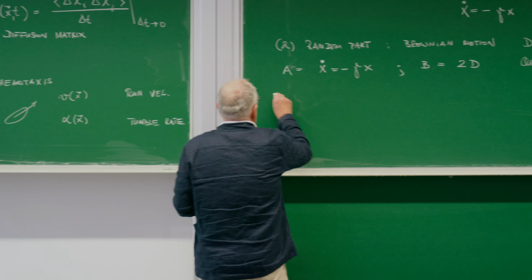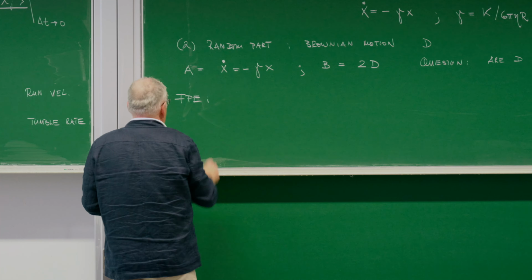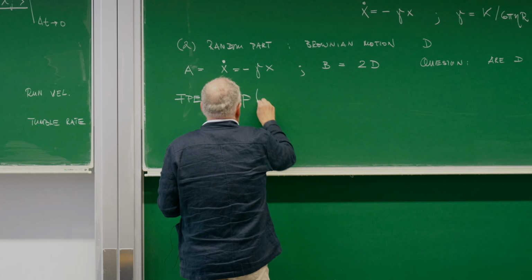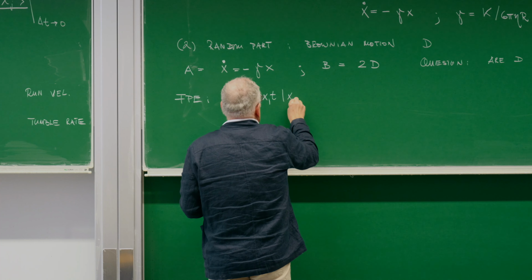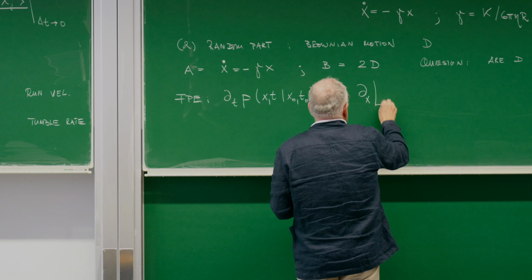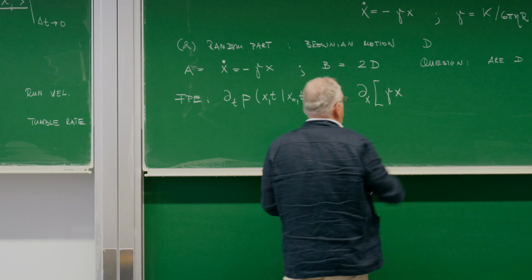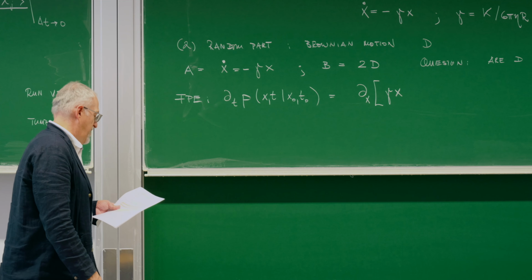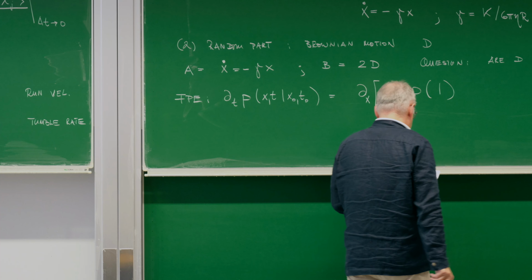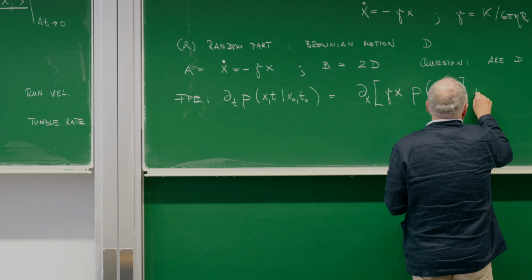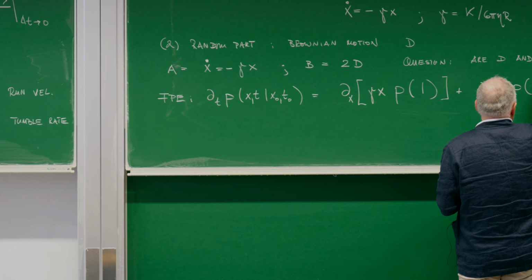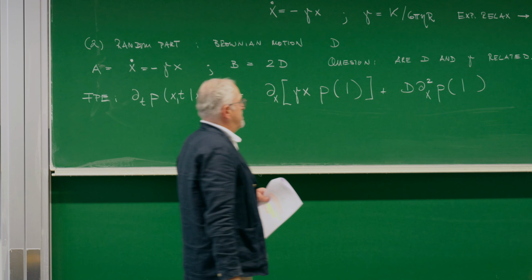Good. So let's write down the Fokker-Planck equation. The Fokker-Planck equation for that is partial t of p(x,t) conditioned on some initial condition equals partial x of, and now you have a drift term that's dependent on the position of my particle, gamma x times the conditional probability, plus a diffusion term D partial x squared of p, with the same arguments as all the other terms.